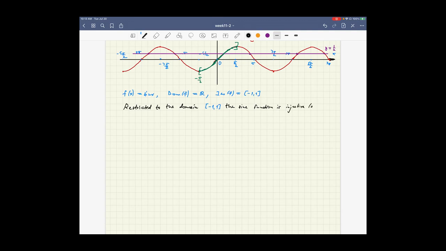And of course, it is surjective, if we view the codomain to be the interval -1, 1.